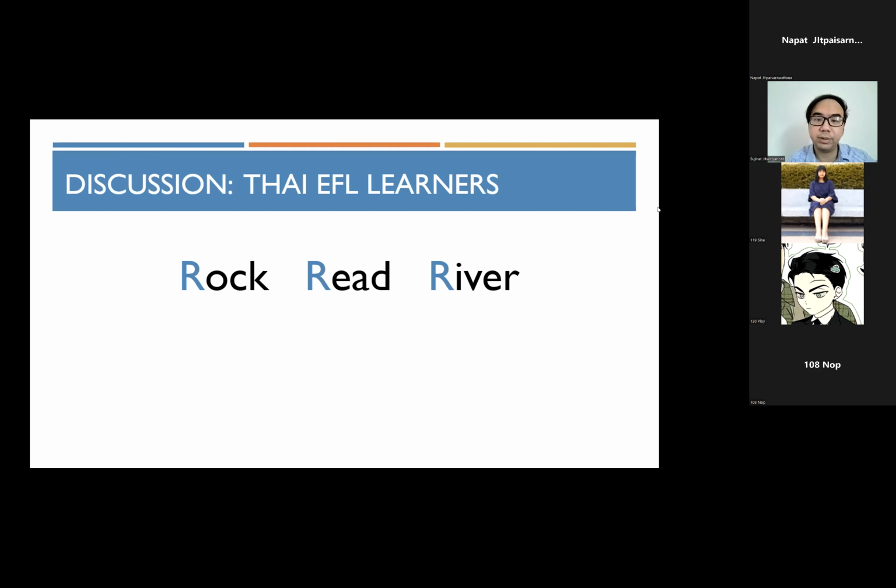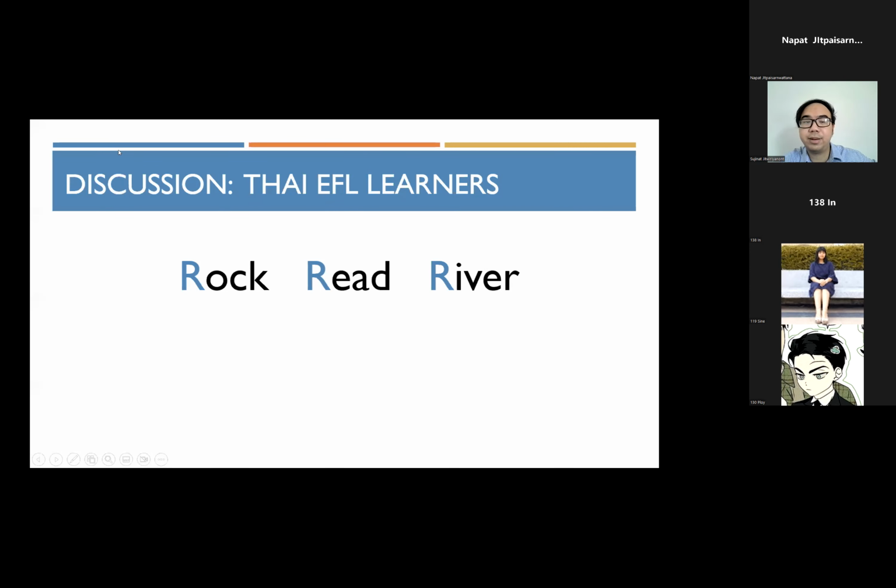Rock, read, river. Okay, thank you. Can you give me more possible pronunciations with a Thai accent of these three words? Lock, lead, liver.